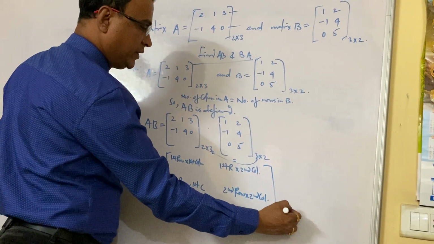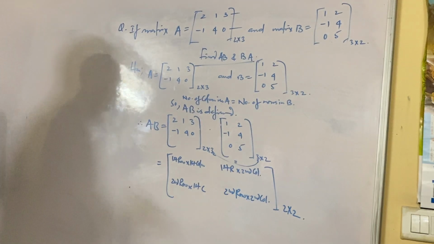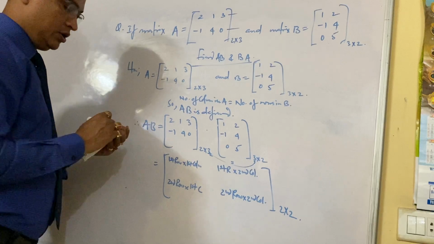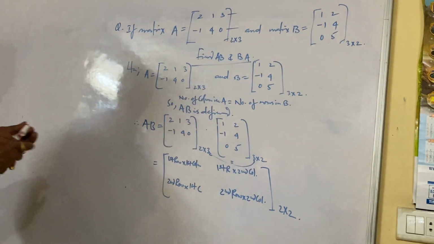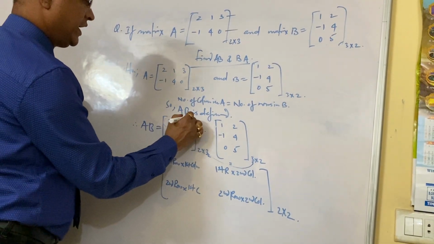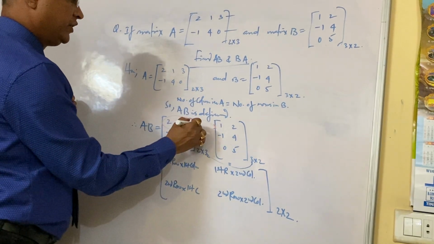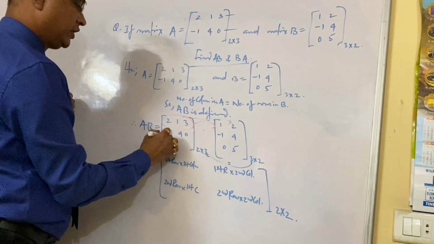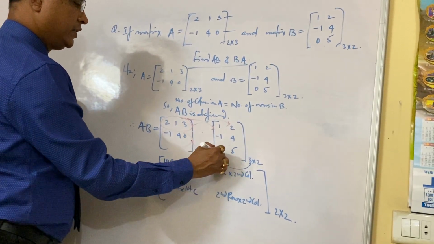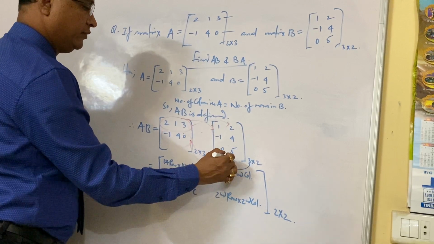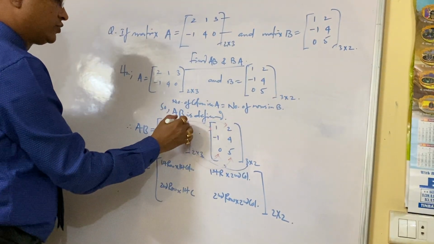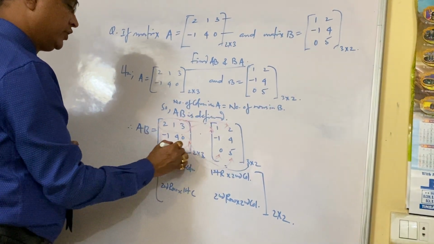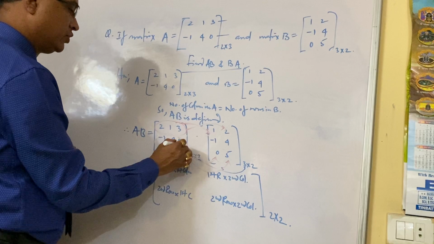Because we get finally a 2 by 2 matrix, that means we get 4 elements. So first row, first column; first row, second column; second row, first column; second row, second column. In between them, a positive sign will be there.